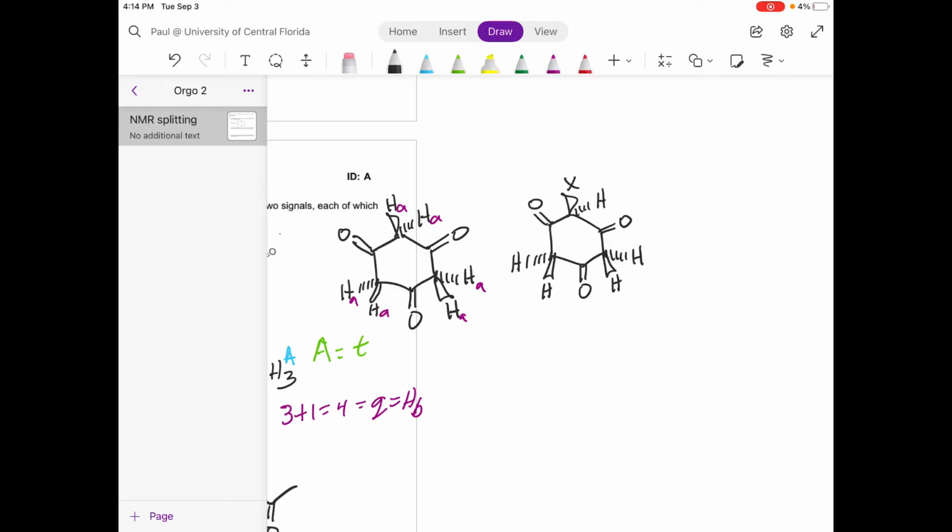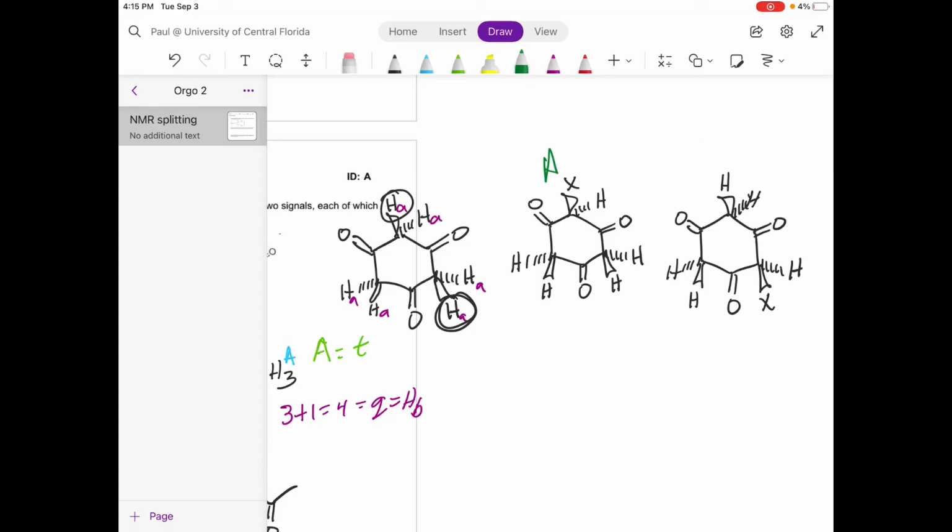So let's compare that one to that one. What's their relationship? I've already said that they're equivalent, but let's show it with the replacement test. There we go. So we will call that molecule A and that molecule B.